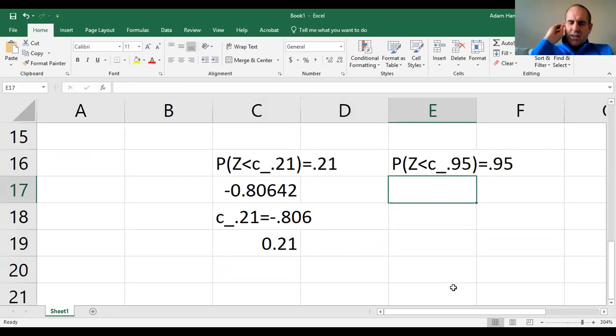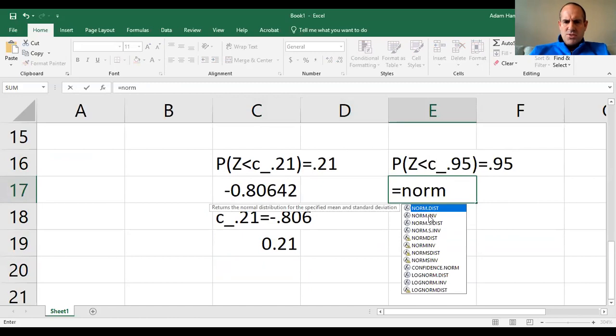And what do we get? Well, you go equals normal standard inverse. And by the way, you can do this in your table as well by searching for a percentage that corresponds to what you want, or using symmetry of some kind.